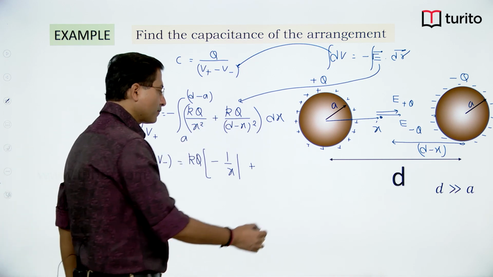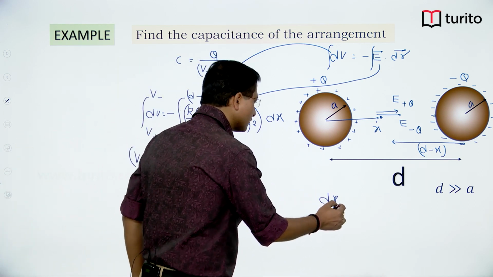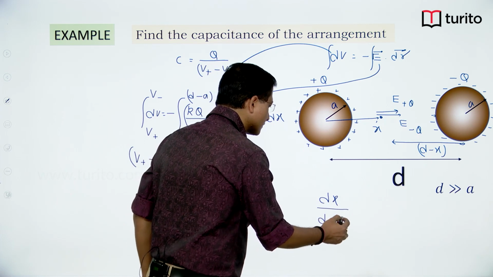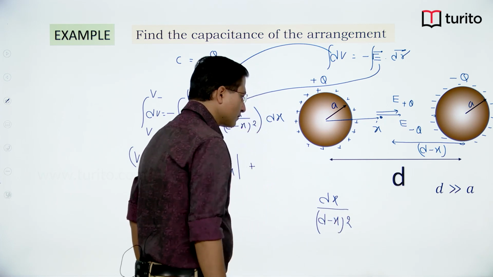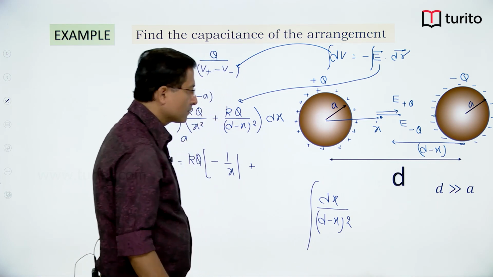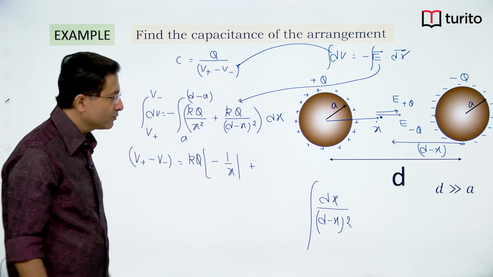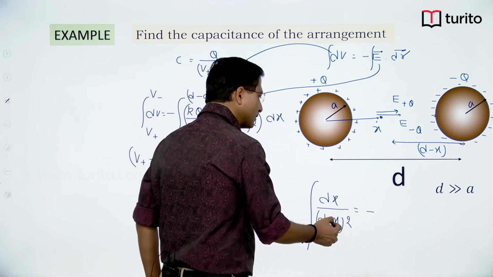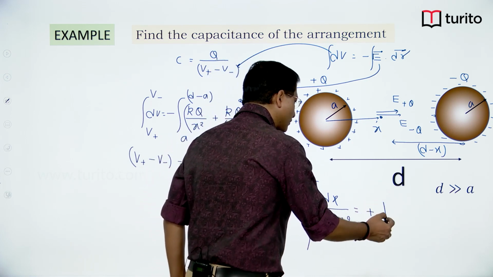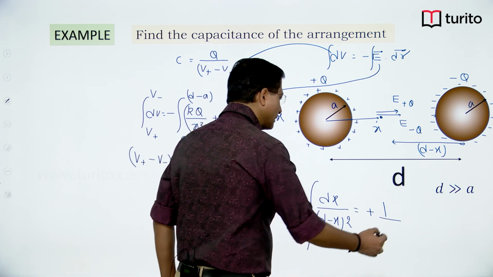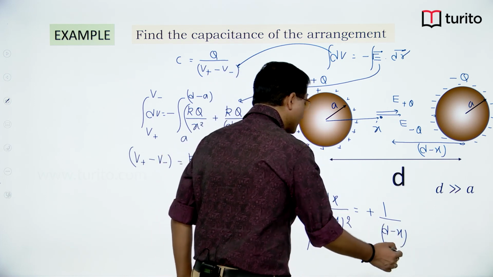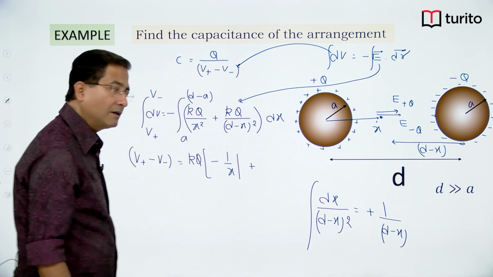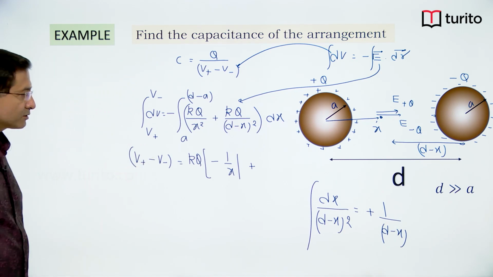Separately if I write, so integration of this, 1 minus will come due to power and another minus will come because of this x. So, this will become 1 upon d minus x.